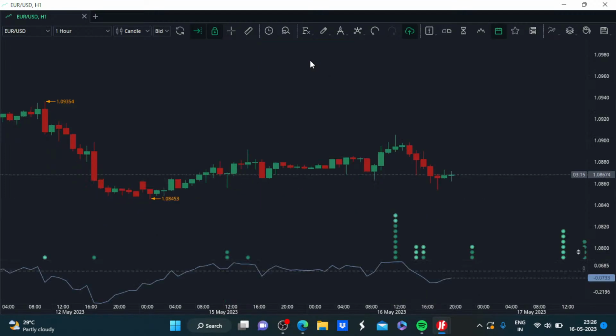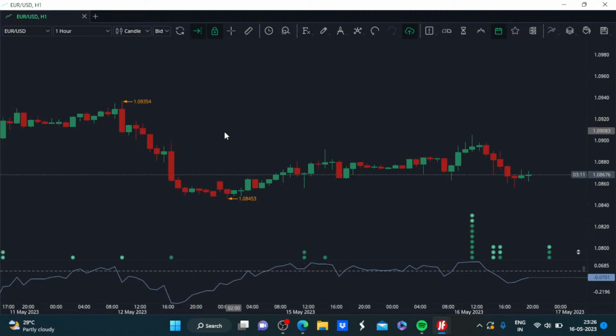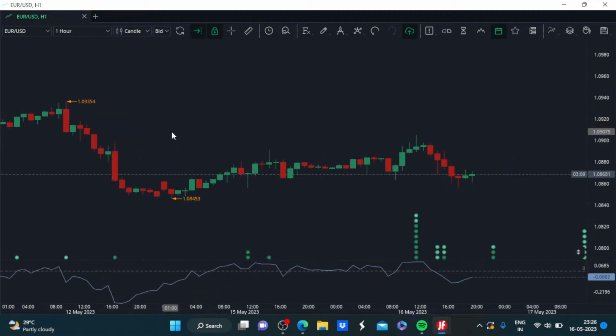Here is this disparity index. There is a train passing by, that's why you are hearing that sound.